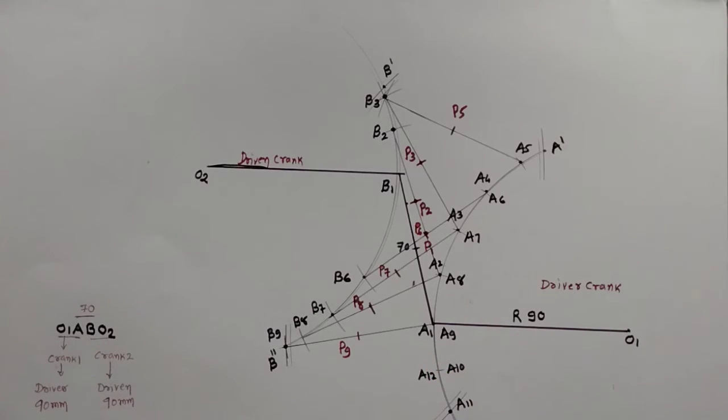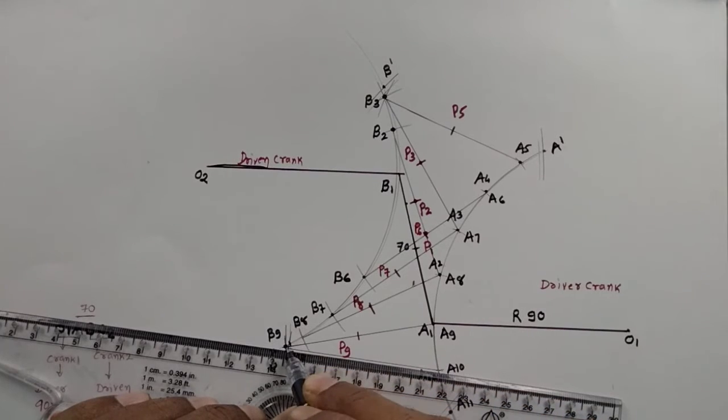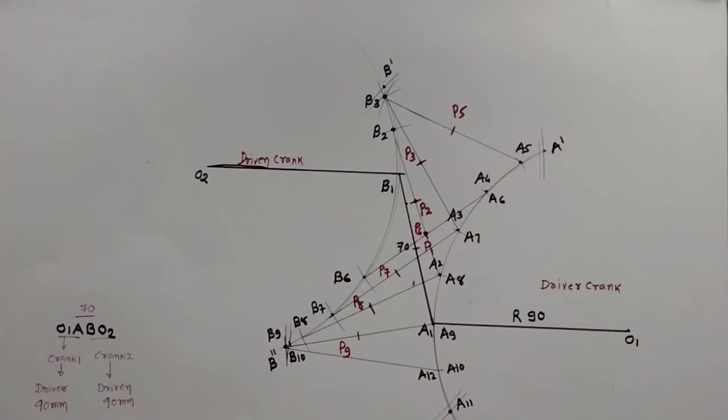Now again from A10 you draw the arc, so you can get the point here exactly. That is your B10. Join your A10 B10. You can mark the midpoint on A10 B10 position and we write the P10 here.